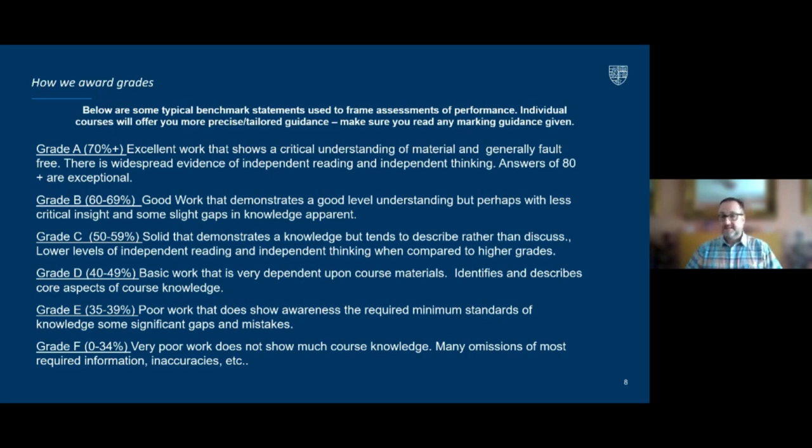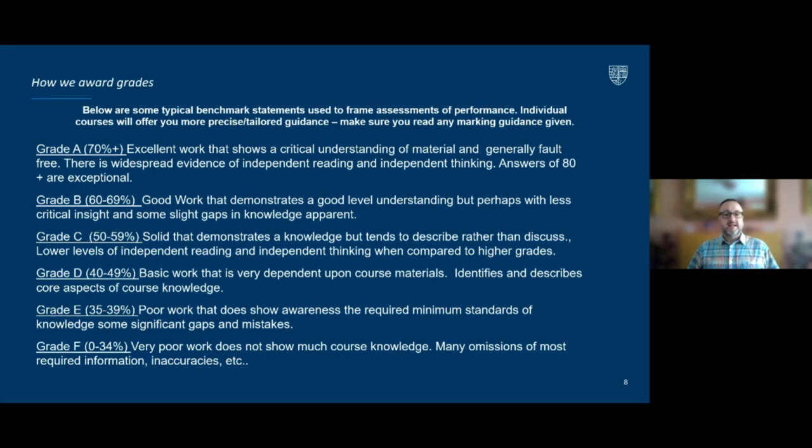A grade C, that's a pass, so that's fine. Anything in the 50s demonstrates knowledge, but it tends to be a little bit descriptive rather than very analytical. It doesn't show a lot of independence of thought, and it might not draw upon as many sources as the higher work. Grade B, anything in the 60s, that's really good work, a good level of understanding, slightly lacking criticality and balance, but nonetheless a very good example of work.